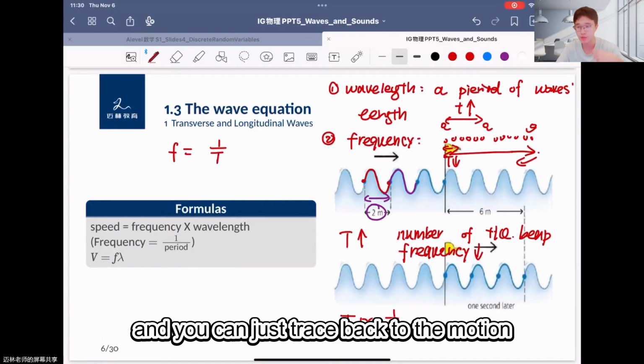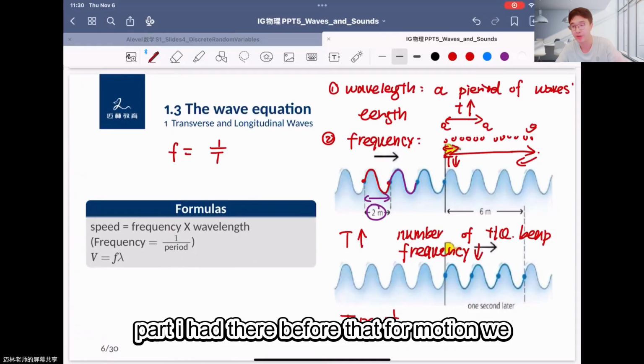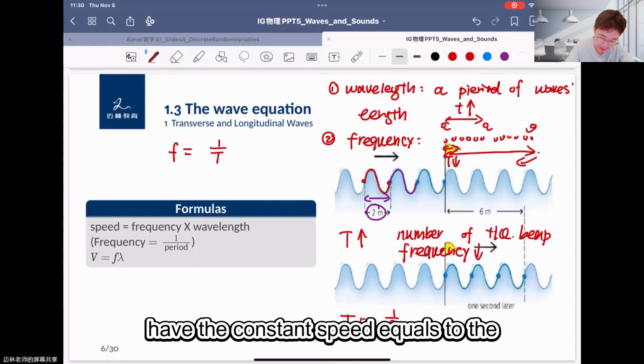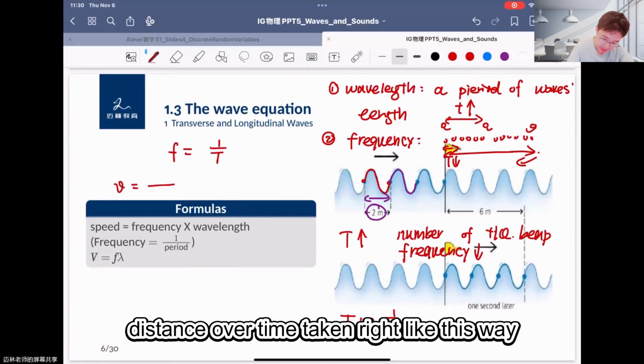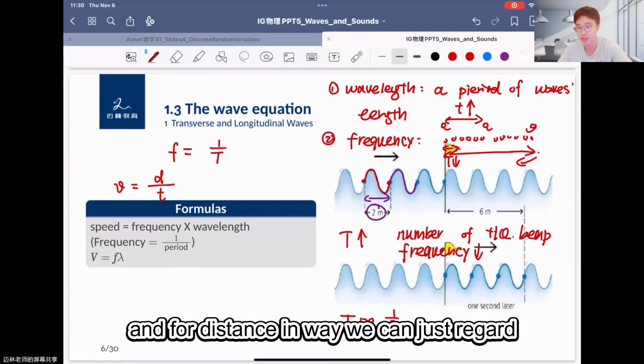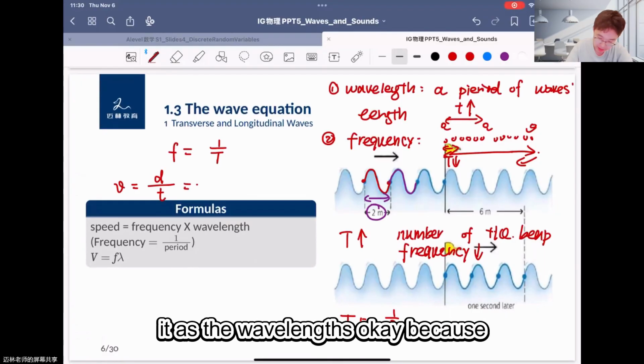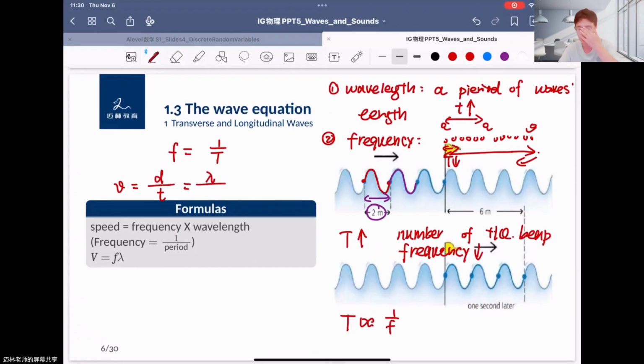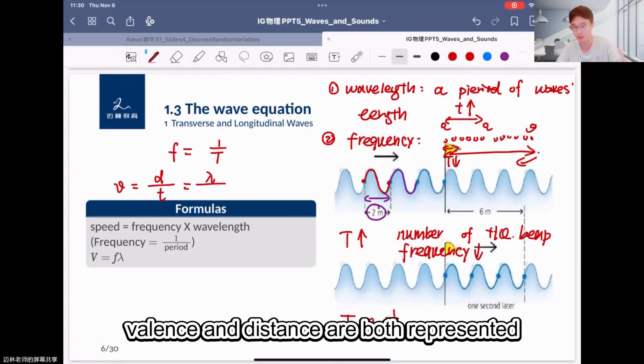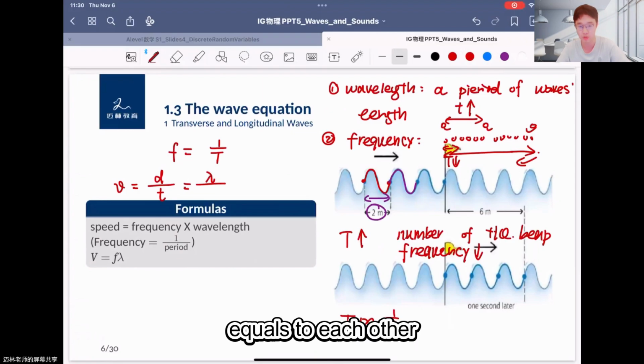And you can trace back to the motion part we had before, that for motion, constant speed equals distance over time taken, right? And for distance in a wave, we can regard it as the wavelength, because wavelength and distance both represent distance, okay? So they are equal.